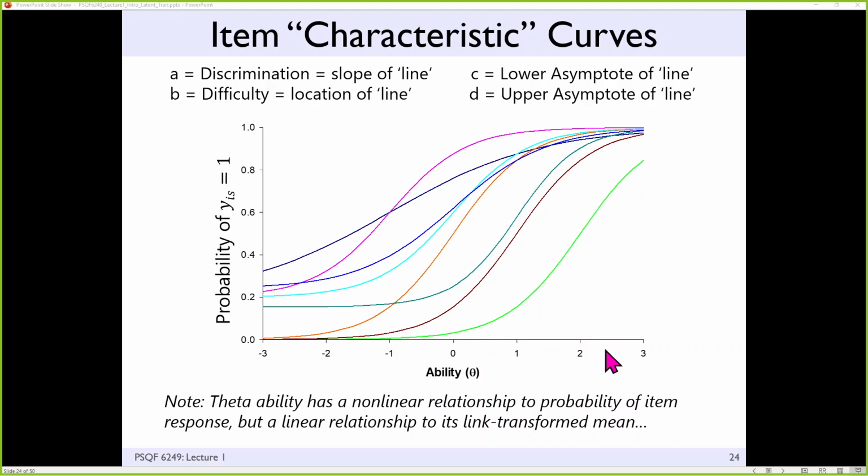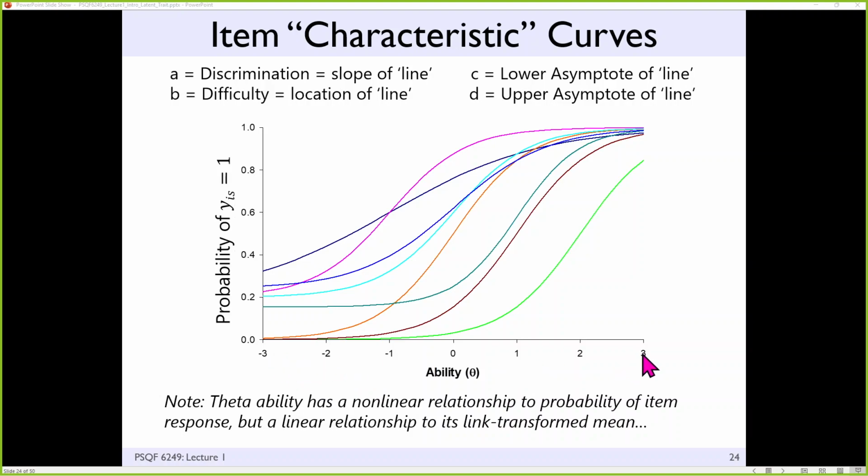Questions? About difficulty, so in this case, would both the green line and the bluish line be considered difficult, even though they're at different ends of the ability? So this continuum is easiness to difficulty.